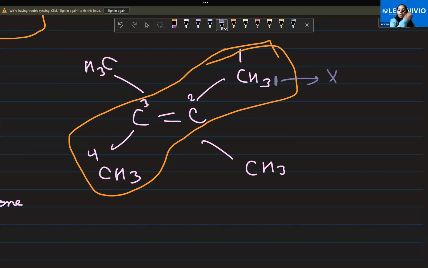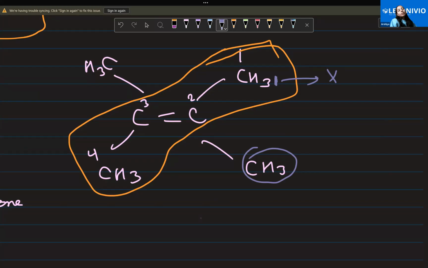Second carbon, is anything other than the chain present on the second carbon? Yes. There's a methyl group present here. And the third one, is there anything present here? Yes, ma'am. Methyl. Again, methyl. So my position is the second and third carbon.